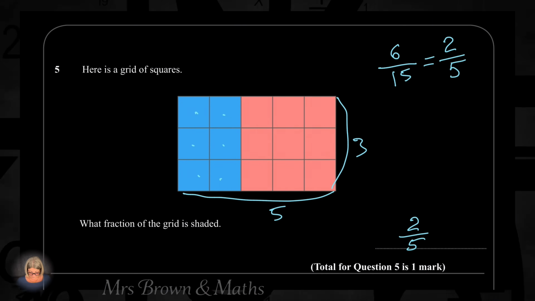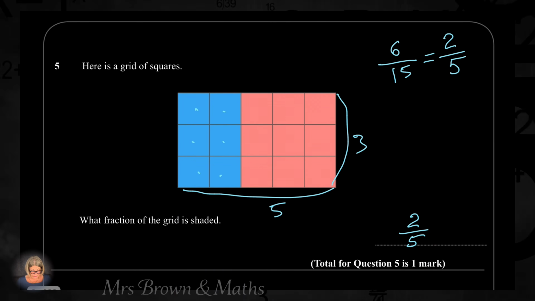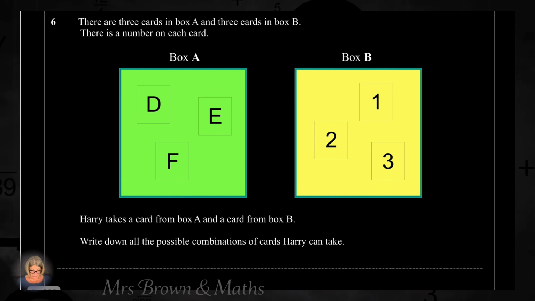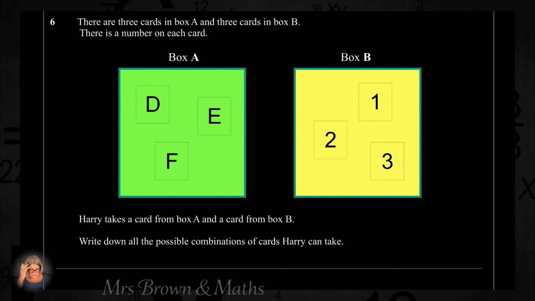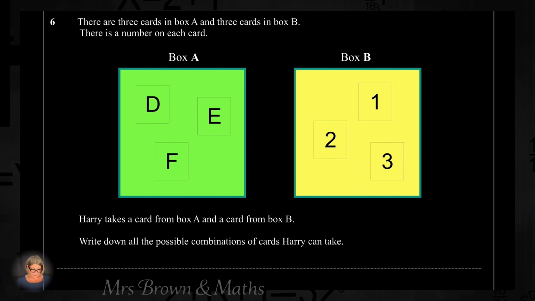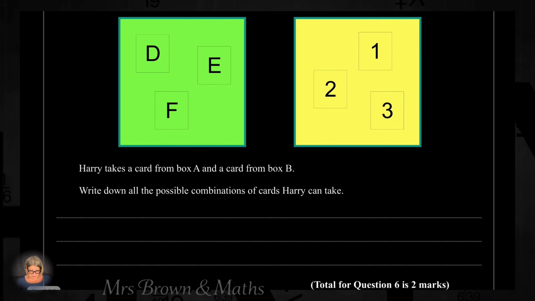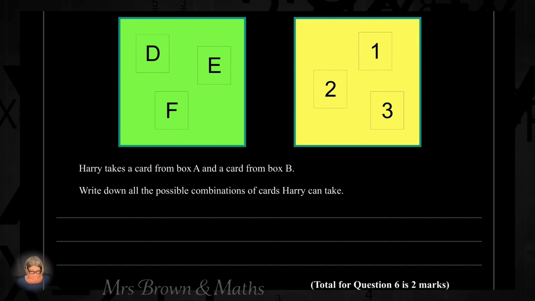Right. Question 6. There are 3 cards in box A and 3 cards in box B. There is a number on each card. Harry takes a card from box A and a card from box B. Write down all the possible combinations of cards Harry can take.